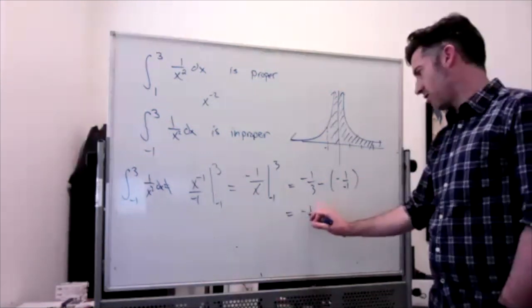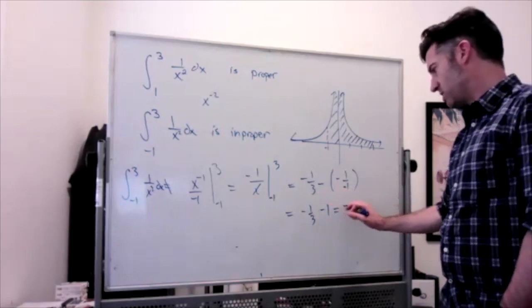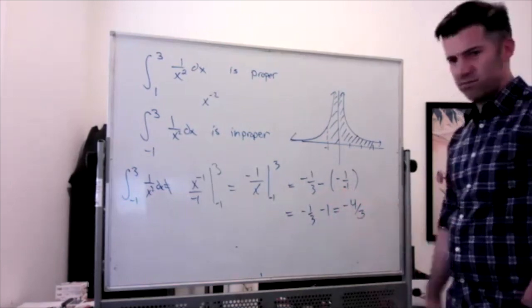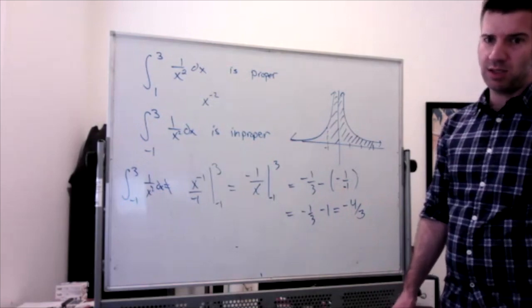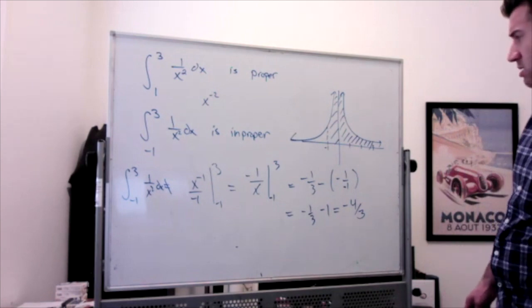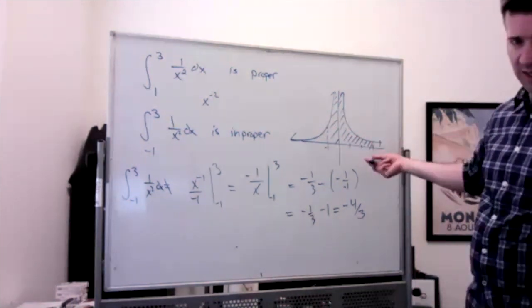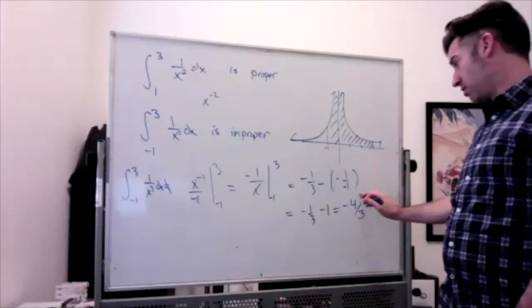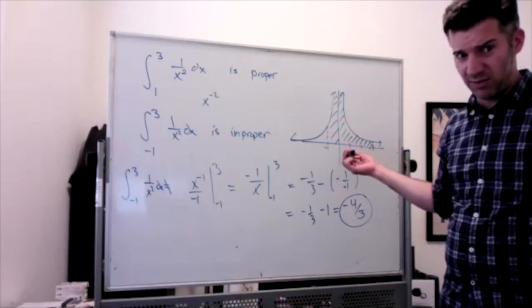So we get a -1/3 minus 1, which is -4/3. Which seems a little suspect because that area should be positive. The integral we got is definitely negative, and it definitely should be positive if it was going to be equal to that.